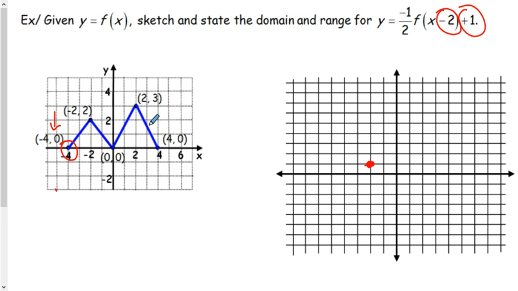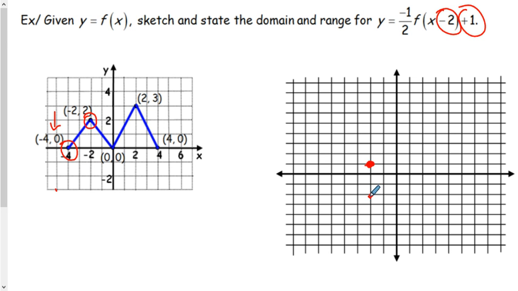Okay, let's try our next one. For our next point, right here, I've got -2 and 2. So that would normally start out 1, 2, 1, 2, like right up here. So the first thing I'm going to do is reflect that in the x-axis. So I'm going to actually have it down here, 1, 2.